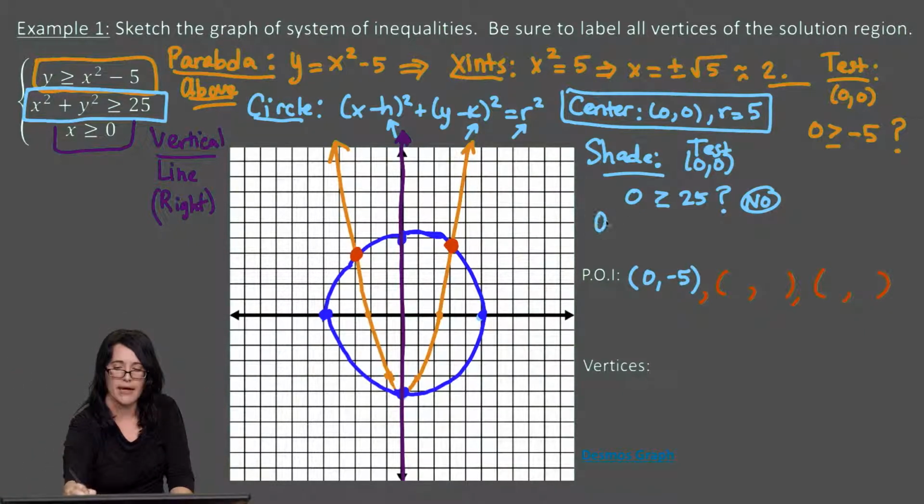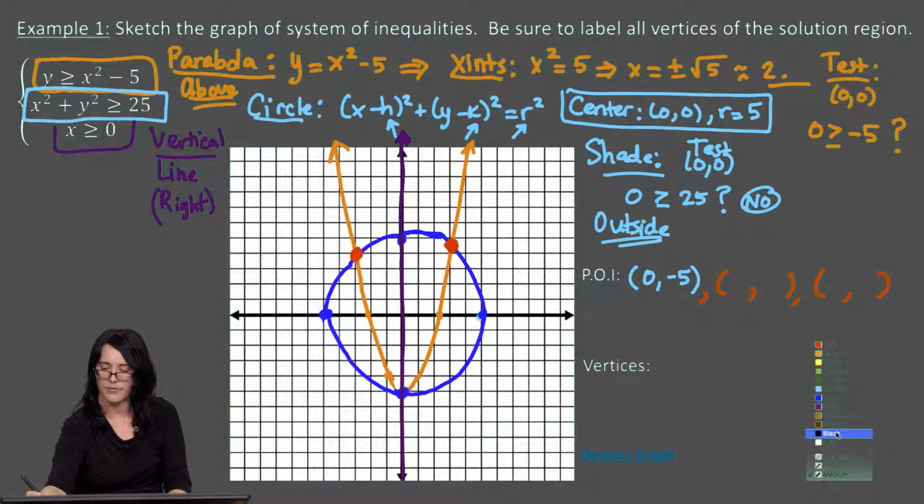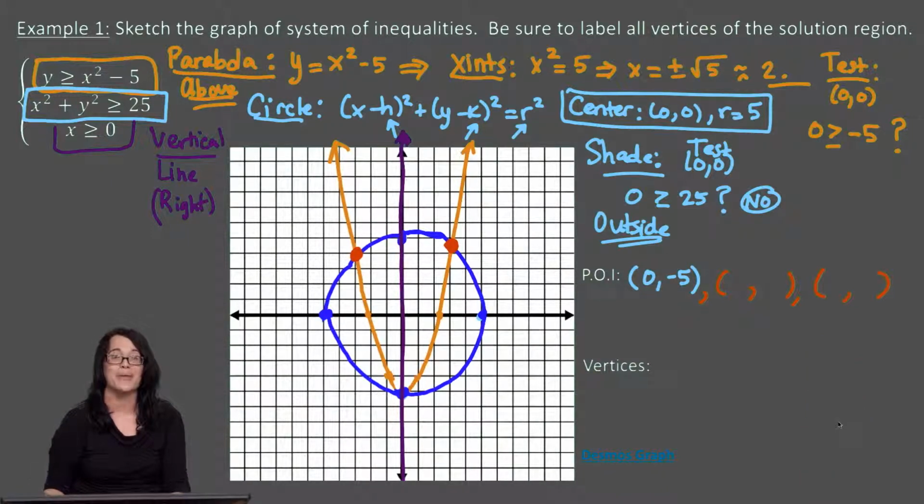So if I'm shading outside the circle, let's put all that together. If you're doing your homework in technology like my math lab or other software, typically you would use a paint bucket to pick your correct region at this point. But let me use some colors here. How about we'll do black? Why not? Okay, so here we have to satisfy all three shading constraints together.